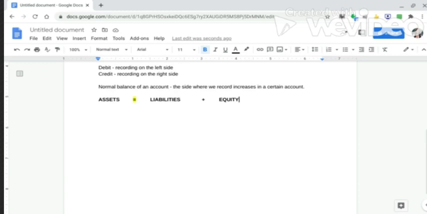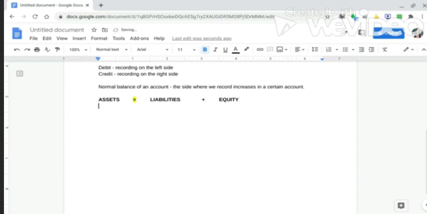So, looking at the equal sign here, all items that are on the left side has a normal debit balance. So, kung makikita niyo naman sa equation, there's only one item on the left side and that is your asset. Okay?